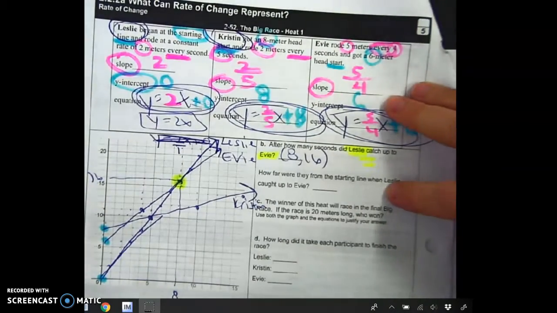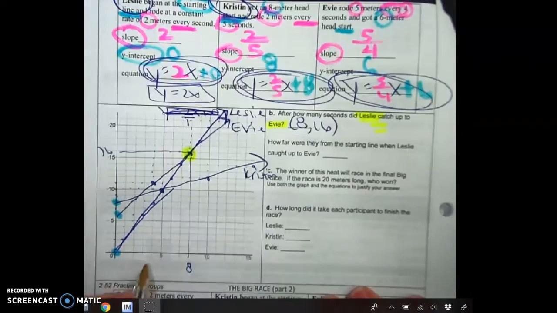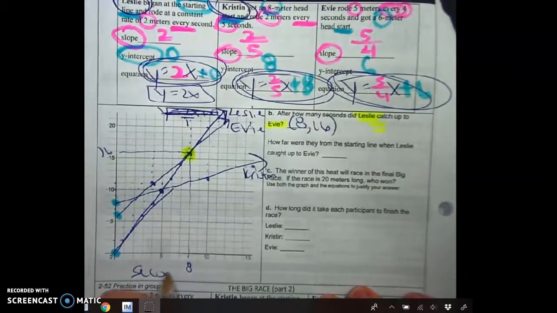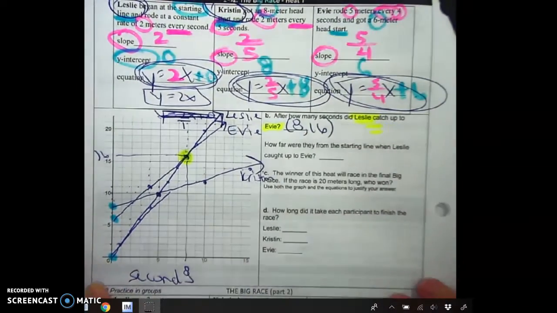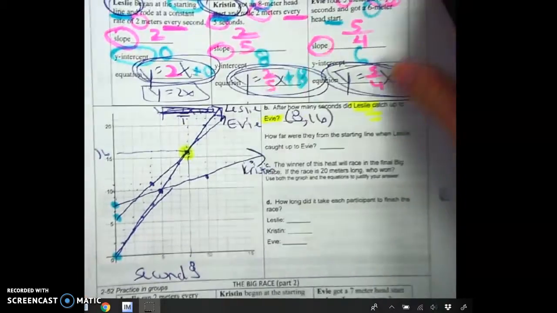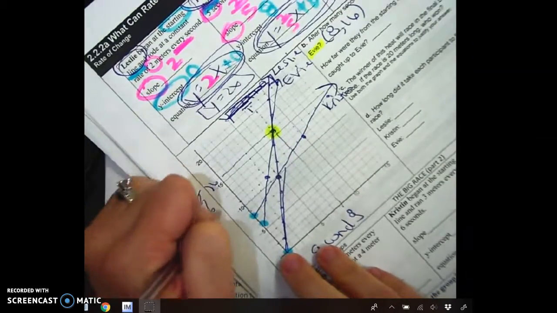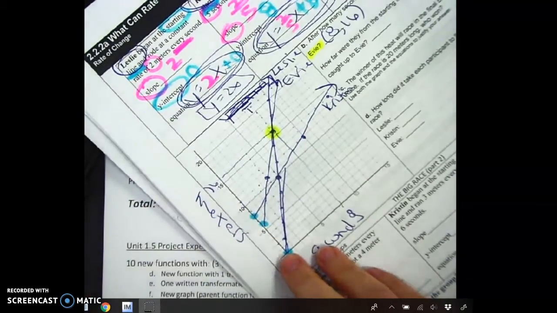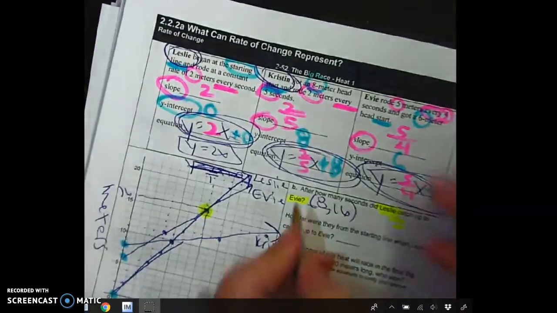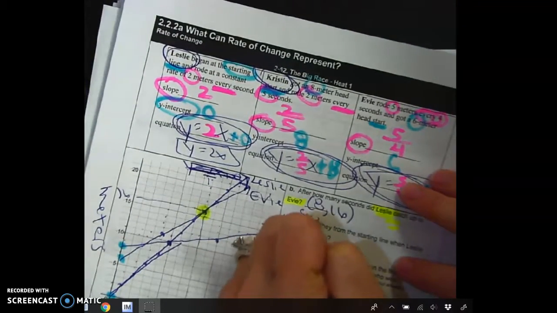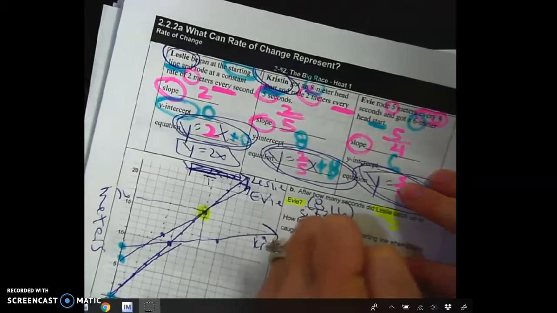And then that is 8. And I should have said this, this is seconds. So let's write seconds. And then this is 16 meters. Okay. So 8 seconds, 16 meters.